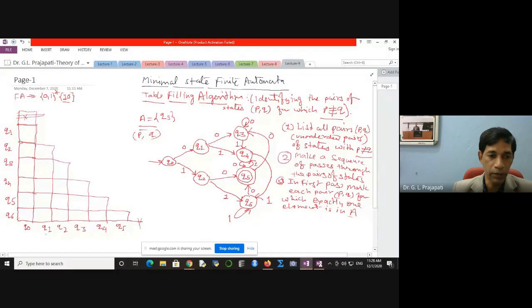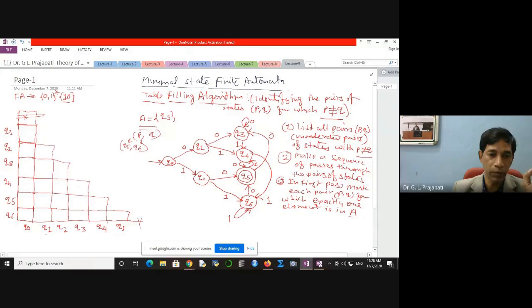Q2 and Q6, Q3 and Q6, Q4 and Q6 cannot be marked. Now once you consider the pair Q5 and Q6, this can be marked because Q5 is the final state, whereas Q6 is not a final state.